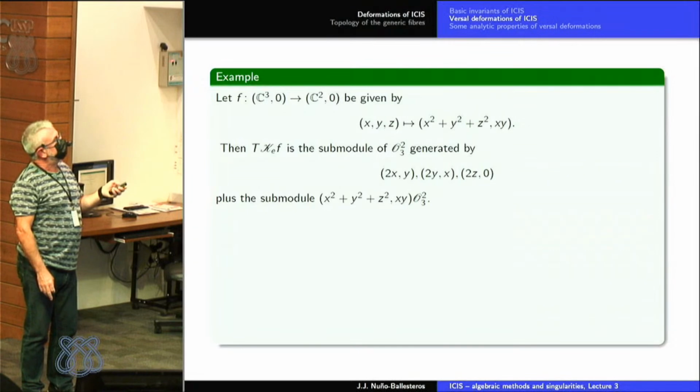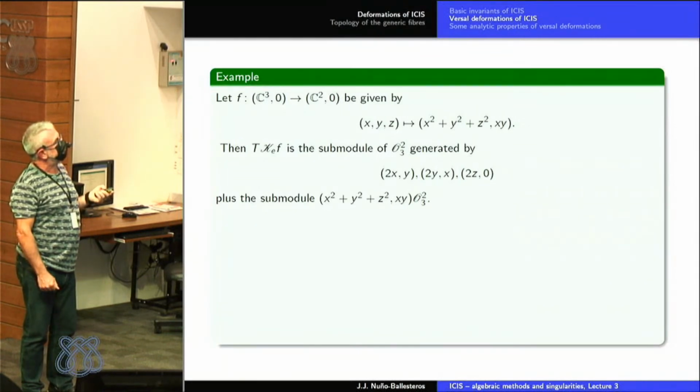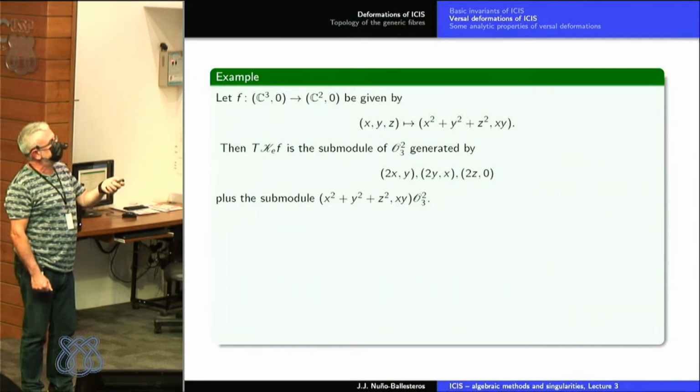So we compute the tangent submodule. The tangent submodule is the submodule of O3 squared generated by the partial derivatives. These three are the three partial derivatives of the mapping. And we also have to add the submodule I times O3 squared.